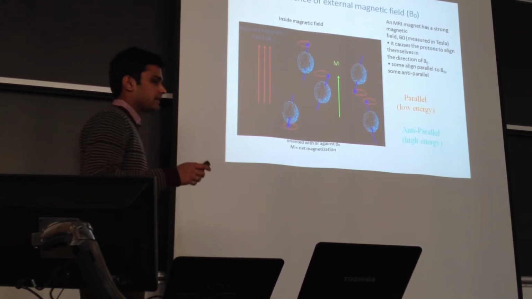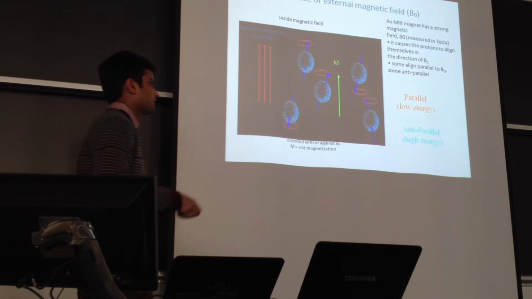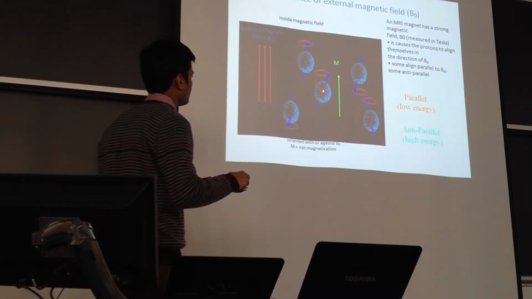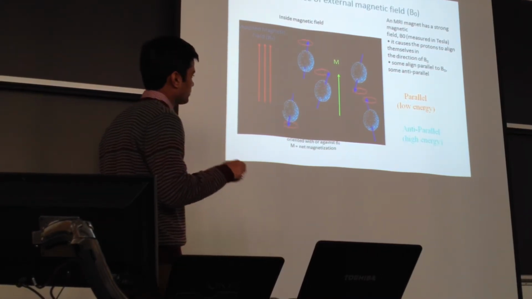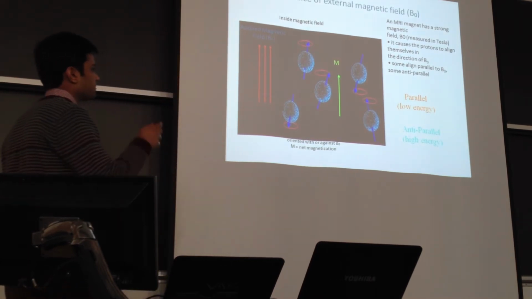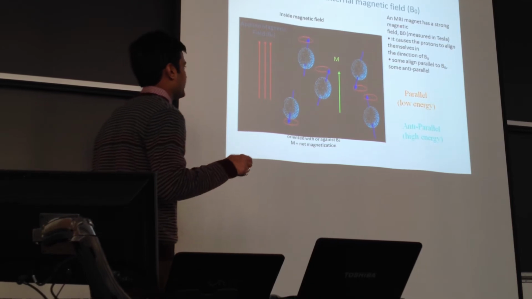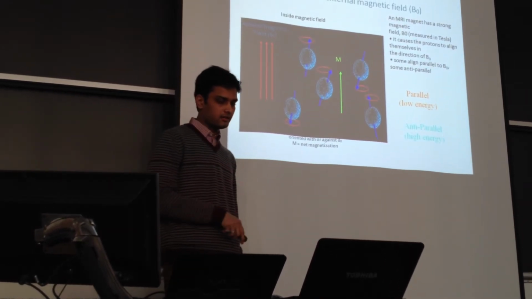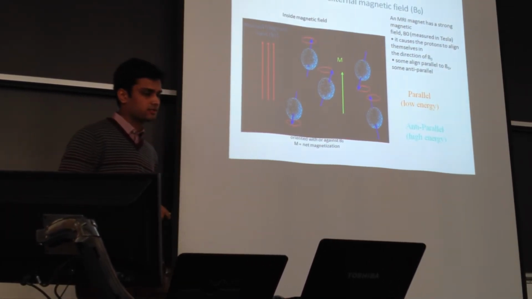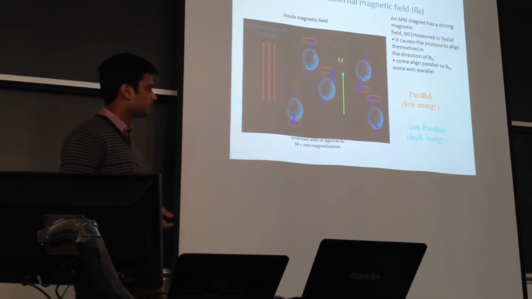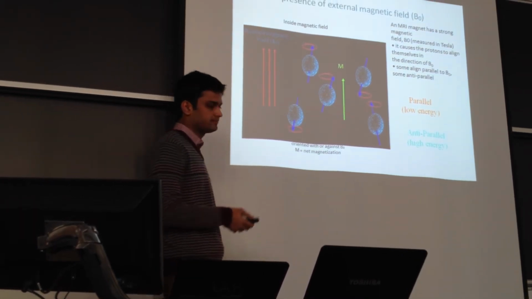So this alignment can be either parallel or anti-parallel. For example, this 1, 2 and 3. These 3 protons are oriented towards the parallel direction of the magnetic field, and the other 2 are anti-parallel. The parallel oriented protons are of low energy and the anti-parallel are of high energy.